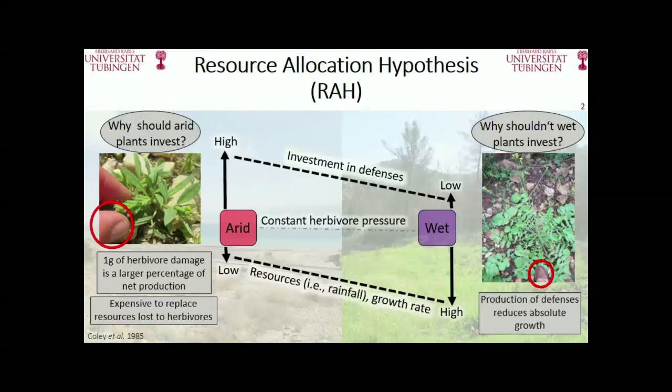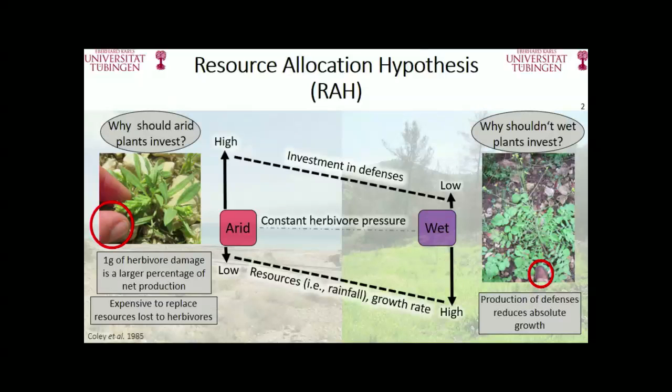So in this context, we can say that plants in arid and low resource environments are limited in their growth by their resources. However, as we move over to the more Mediterranean environment, resources are much more abundant, and therefore these plants tend to be limited by competition.